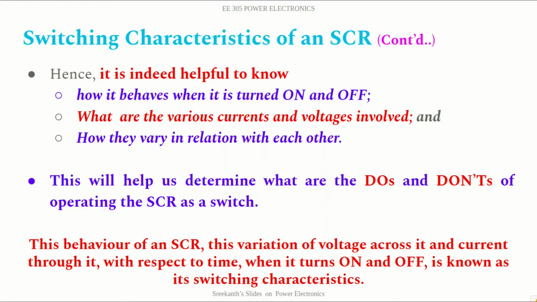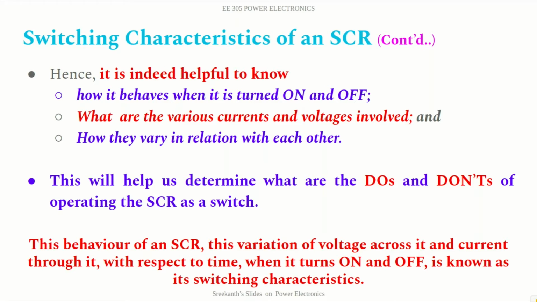Now, this behavior of an SCR, the variation of voltage across it and the current through it with respect to time when it turns on and off, is known as its switching characteristics. That is, when you turn on an SCR, how the current through it varies and how the voltage across it varies. When you turn off the SCR, how the current varies and how the voltage varies.